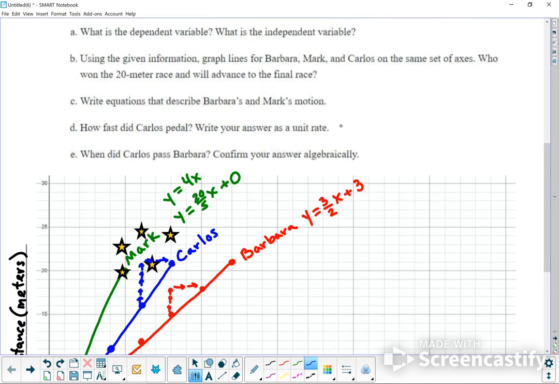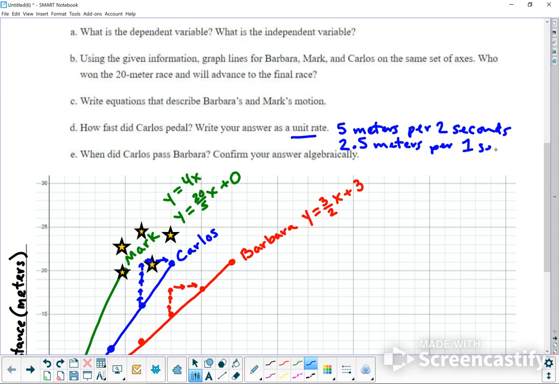Carlos pedaled 5 feet, or 5 meters, excuse me, per 2 seconds. Okay. Unit rate. Okay. What's 5 divided by 2? Right. So 5 divided by 2 is 2.5. So his unit rate is 2.5, or 2.5 meters per second, per 1 second.